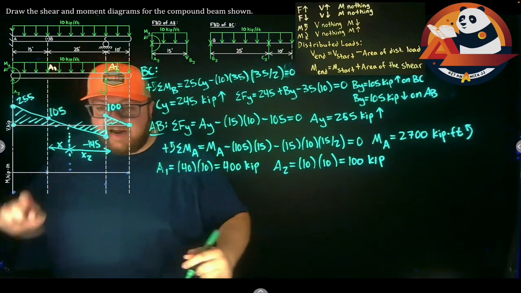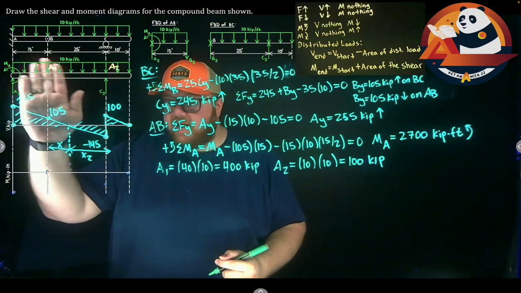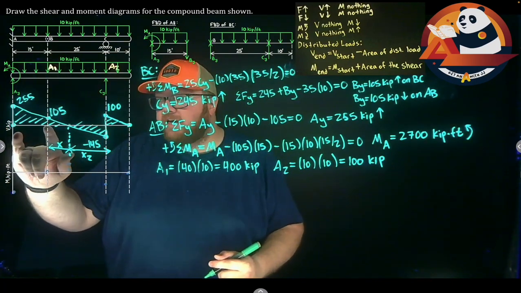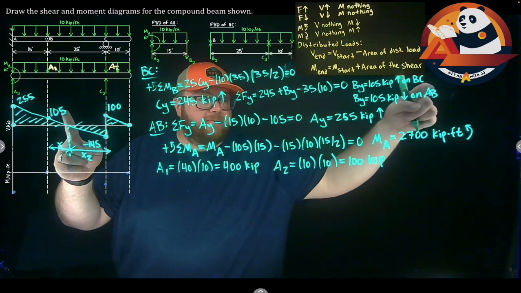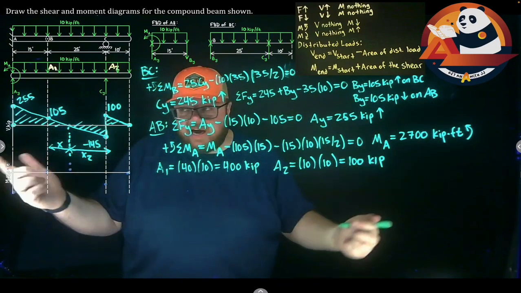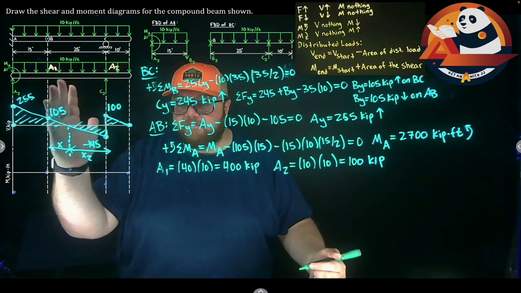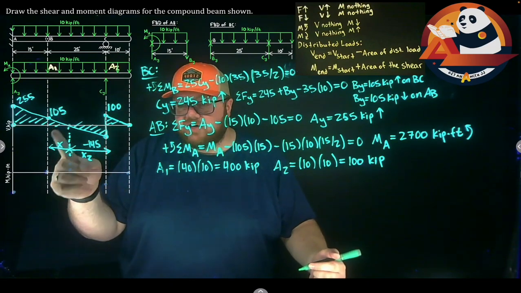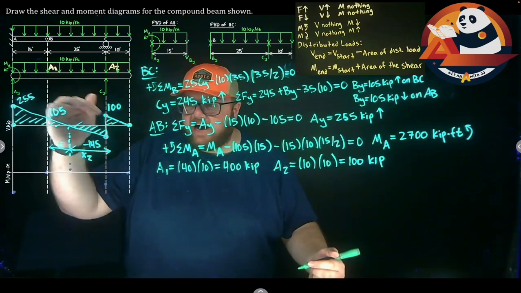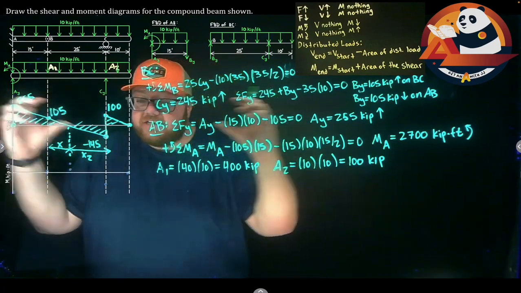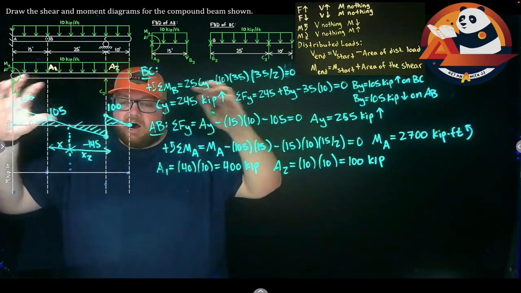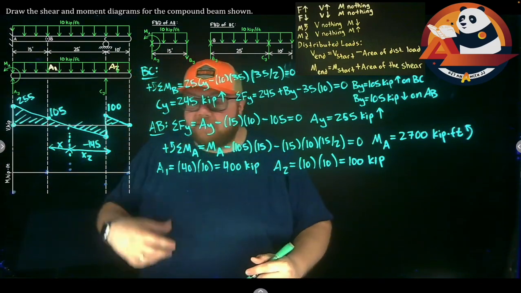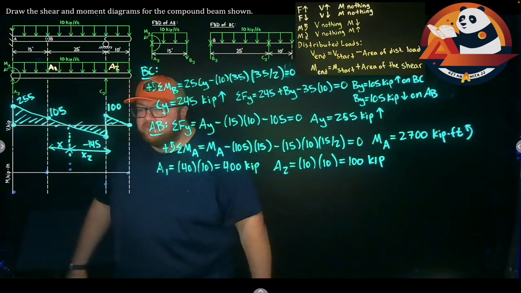Really, internally, I could say I have a beam from A to B that should close out and be in equilibrium. If I went up 255 over, here I'd have BY pushing us down on AB, we close out. My next beam in there from B to C in the end would start at 0 and immediately go up to 105 and finish this entire thing. We've just taken those two shear diagrams and smushed them together to make one overall frame compound beam shear diagram so far.